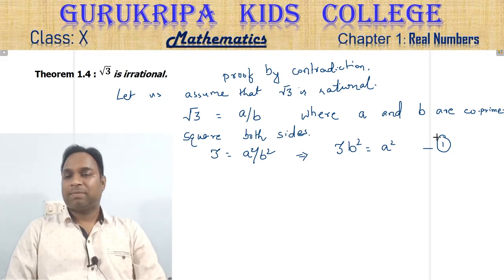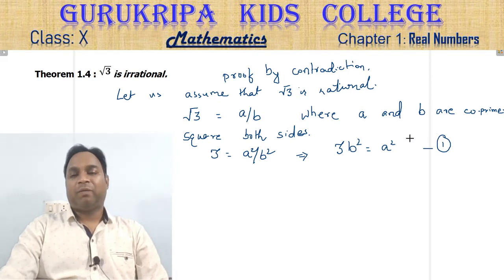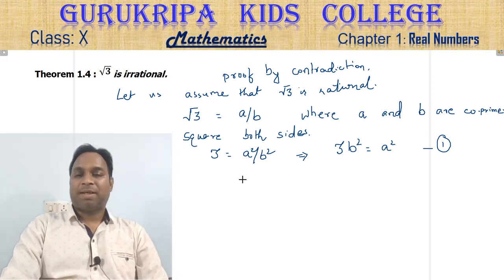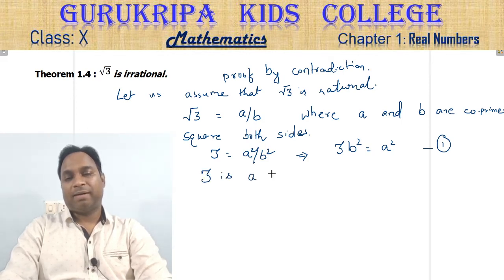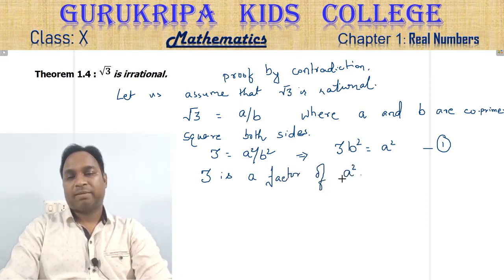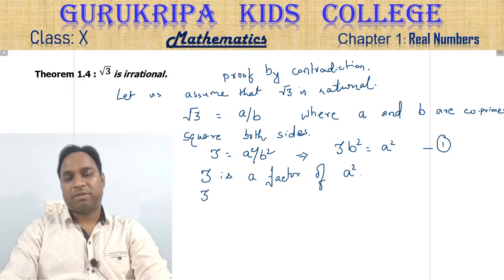Very simple. We have done nothing special over here. Now from theorem 1.2 that we discussed a few videos back, we know that 3 is a factor of a square. Therefore 3 is a factor of a also.